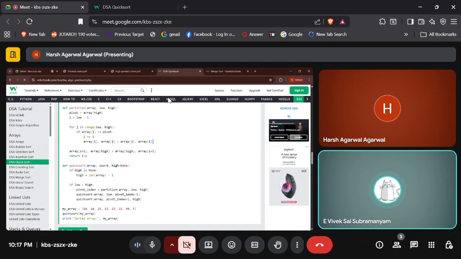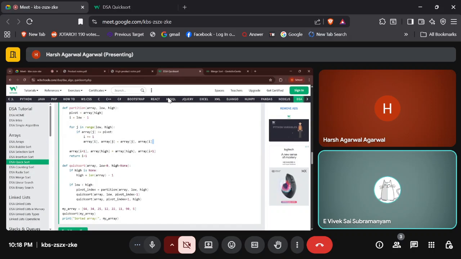Once we get the lesser element, which should already be towards the left side, that element will be swapped. We do that from low to high. In the best case, this will perform in n log n time. This is an easier code to remember.